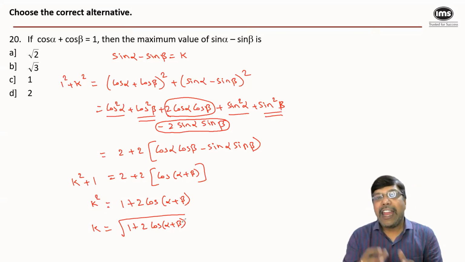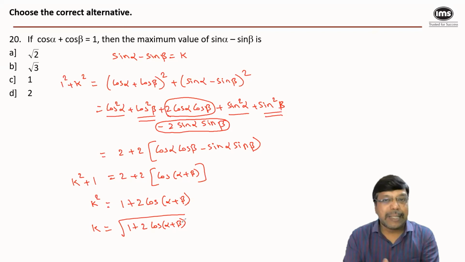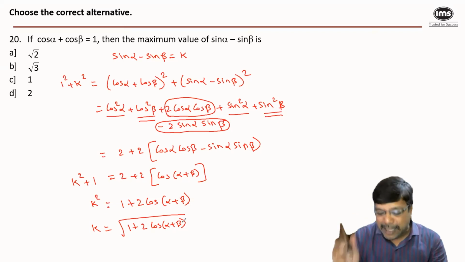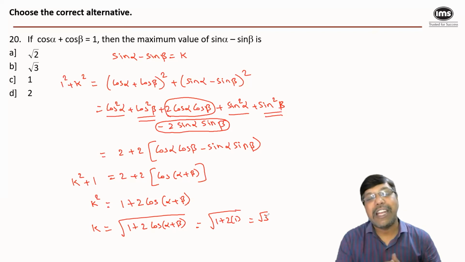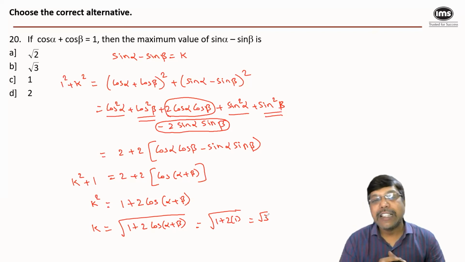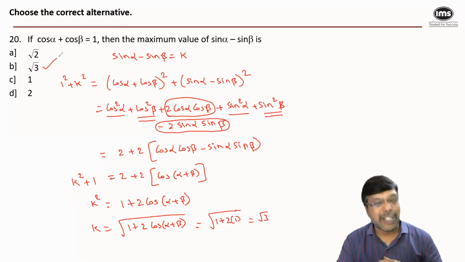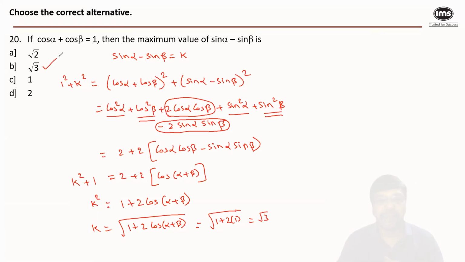Now, for any value of cos x, the maximum it can take is 1. Hence, it becomes square root of 1 plus 2 into 1, which is equal to root 3. Hence, the maximum value of sin alpha minus sin beta is nothing but root 3. Answer option B.